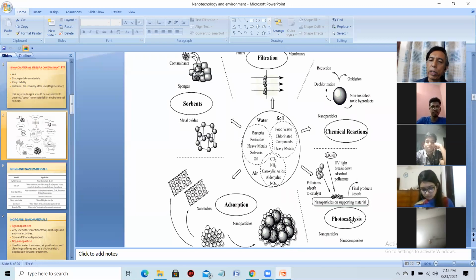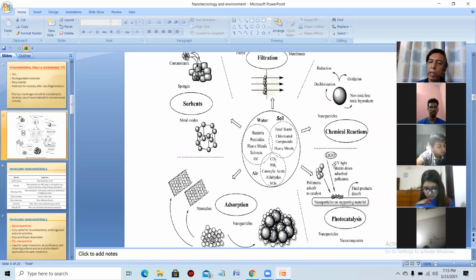Here it is photocatalysis. That means this is a nanoparticle or supporting material, and this is the pollutant or contaminant that is adsorbed at the surface of the nanoparticle, and by means of photocatalysis, that means by the UV light, the adsorbed pollutants break down.